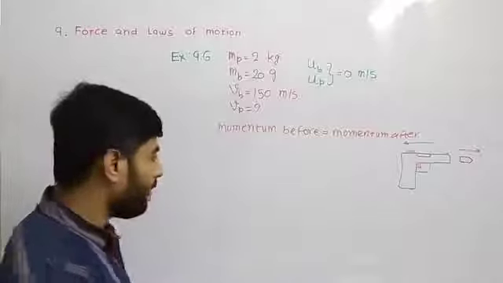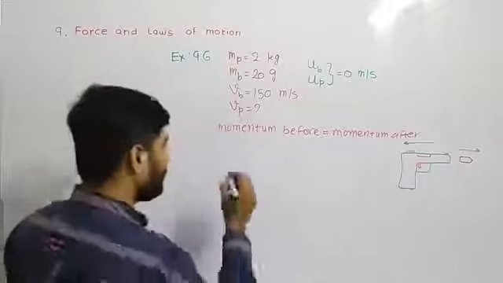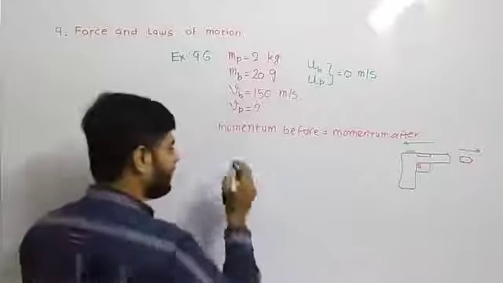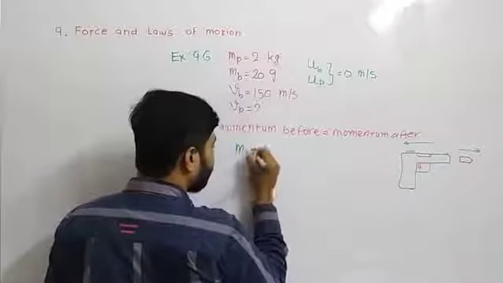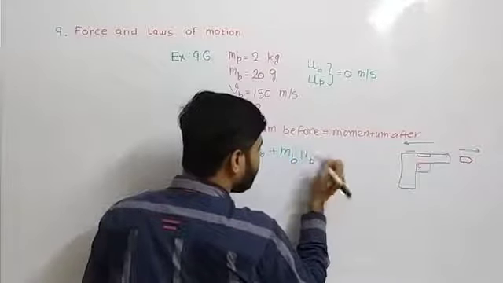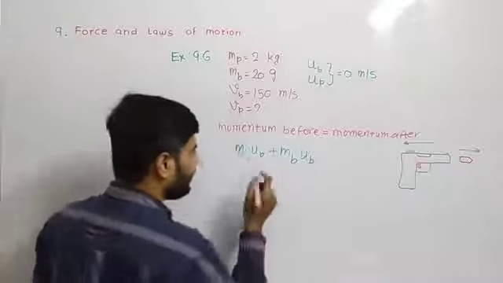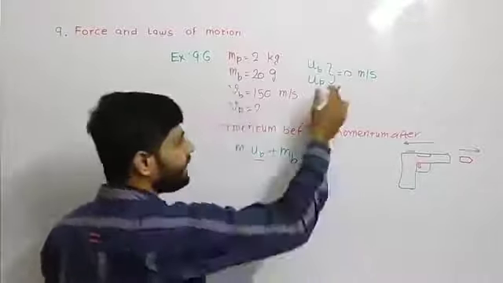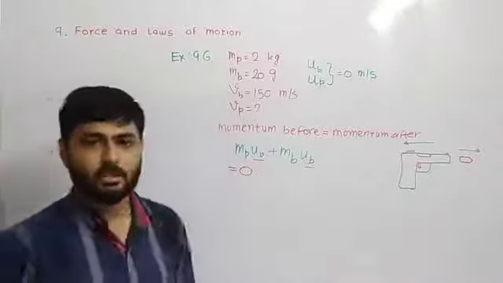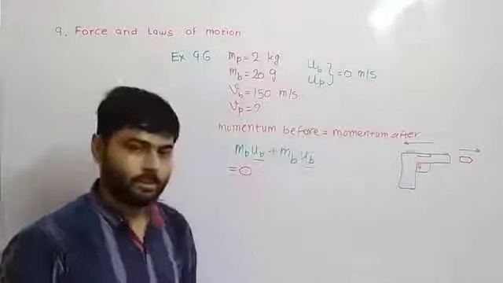That is the total momentum of bullet plus pistol. So momentum before fire is MP UP plus MB UB. We can say that UP and UB are 0, so this is 0, which means momentum before firing is 0.